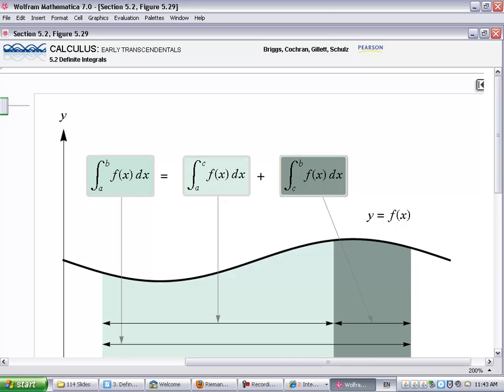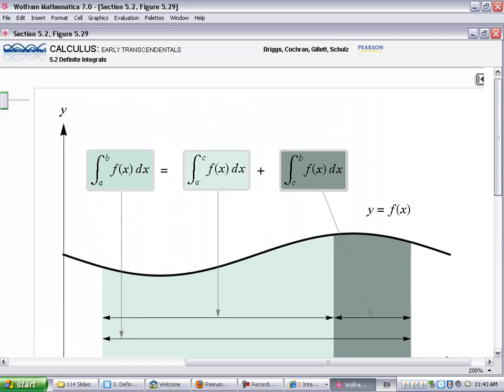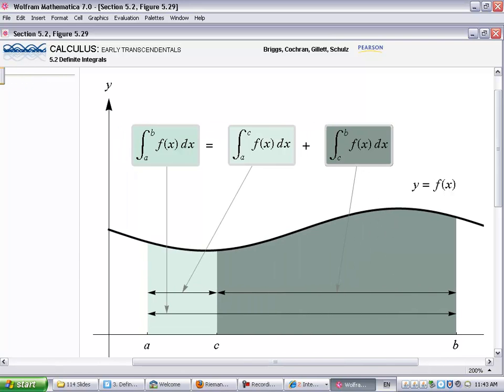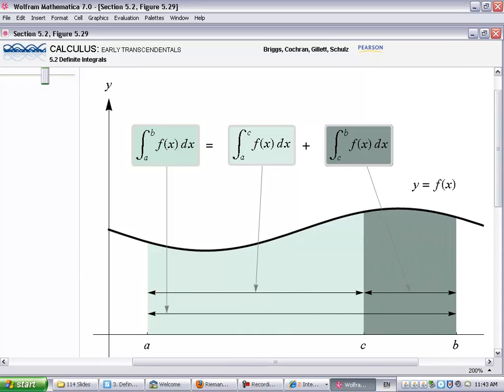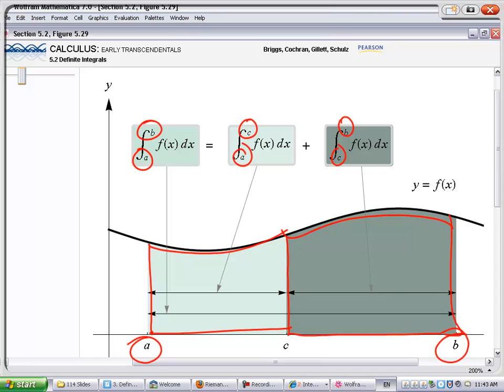So say you have this integral that's going from A to C. And C can be any number here between A and B. So you're taking this light blue area. And then you have another integral that goes from C to B. So you're taking the dark blue area. Well, if you take those two areas and add them up, you're going to get the same area as if you started at A and just went all the way to B. So that's what this says.